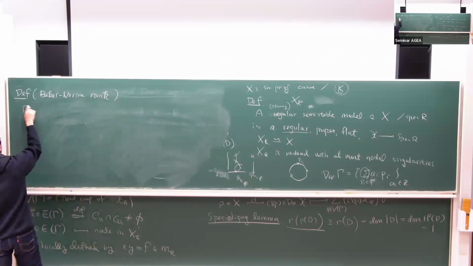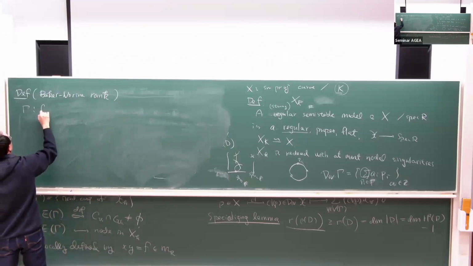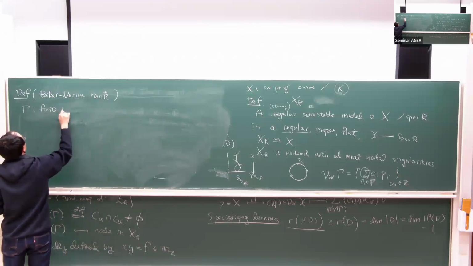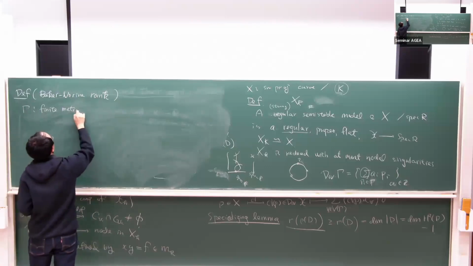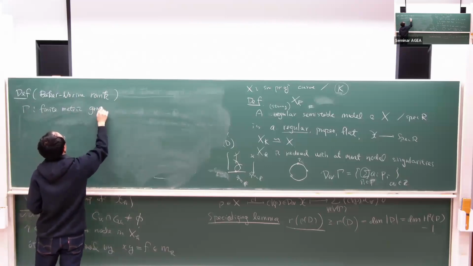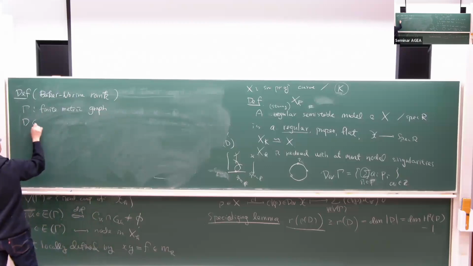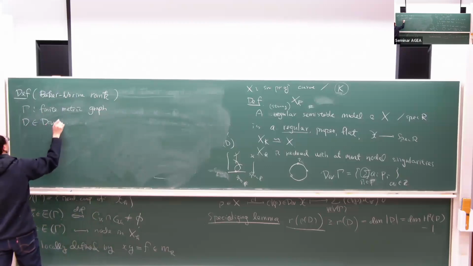Here, gamma is any finite metric graph, meaning that there is no edge with infinite length, and D is a divisor on this metric graph.